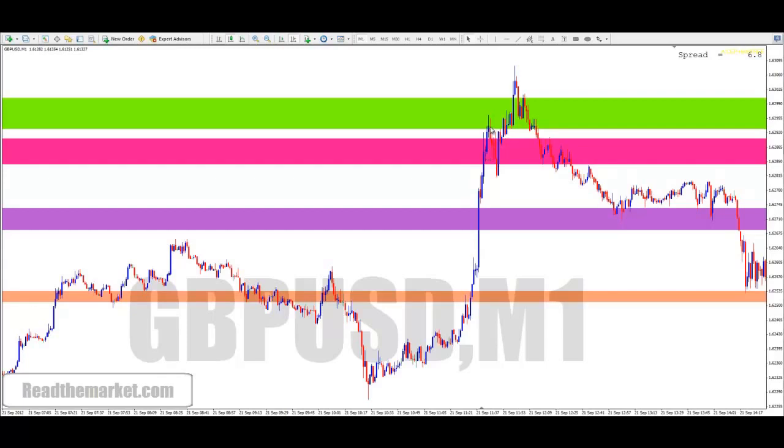So then price gets back up into the final supply zone and it comes down and it engulfs this price action area here. So it's looking possible that the bears could be gaining some control here.